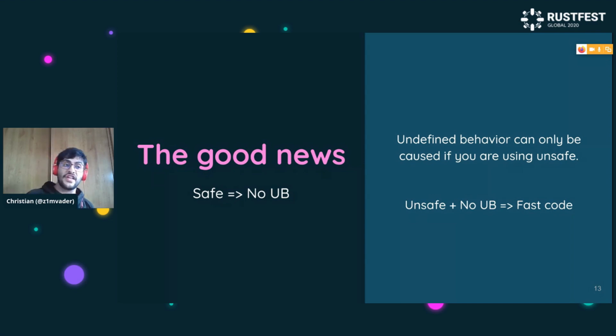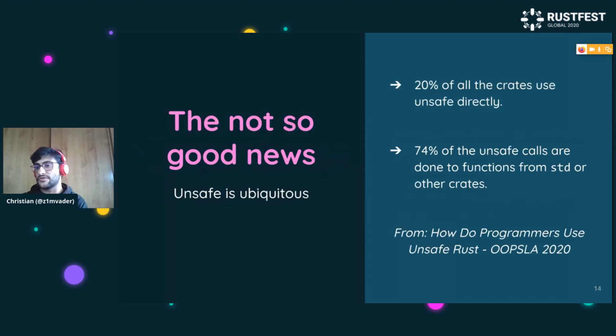Also, if you are using unsafe and you are sure you're not causing undefined behavior, you might get performance benefits, or you can interact with C libraries correctly. There is also not so good news: unsafe is a super important part of our ecosystem. Even if we are not causing undefined behavior ourselves, someone else in one of our dependencies might be doing it.